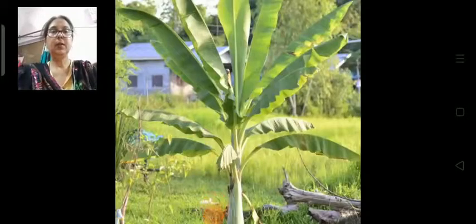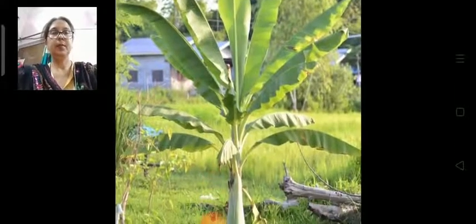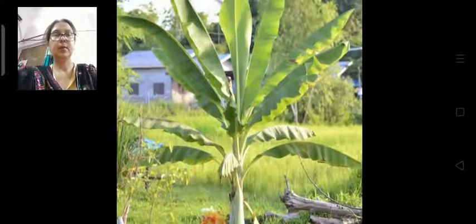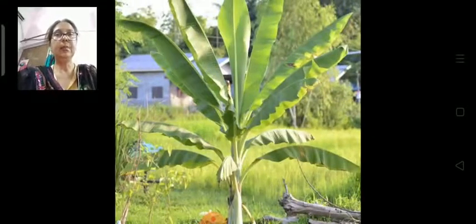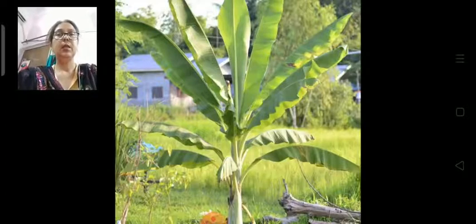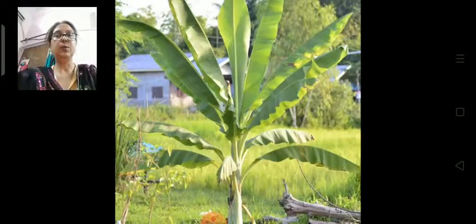So children, this is the banana plant. You can see, the banana plant is a gigantic herb that springs from an underground stem or rhizome to form a false trunk, 3 to 6 meters, 10 to 20 feet high.